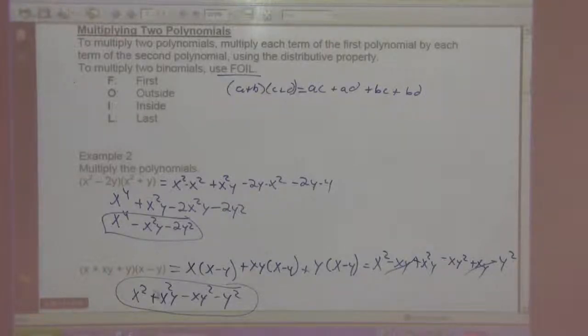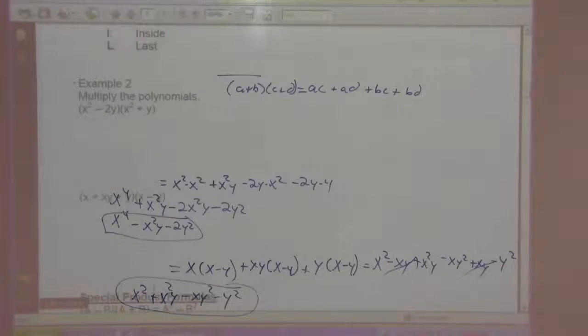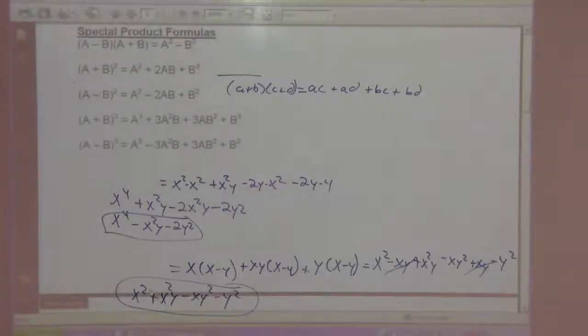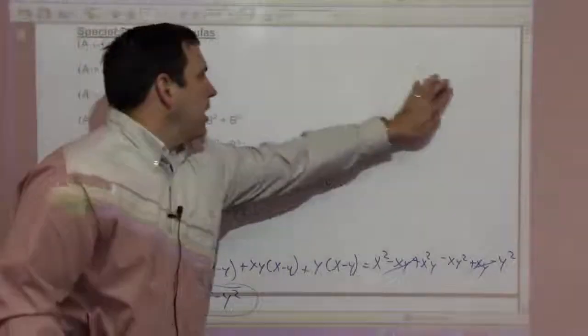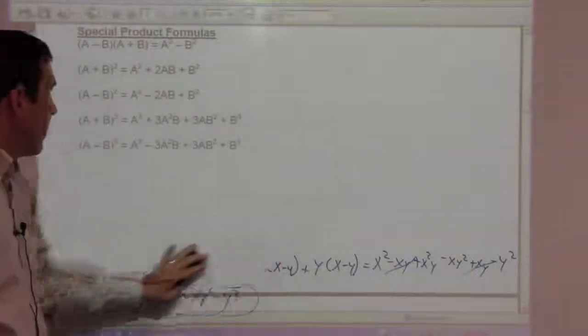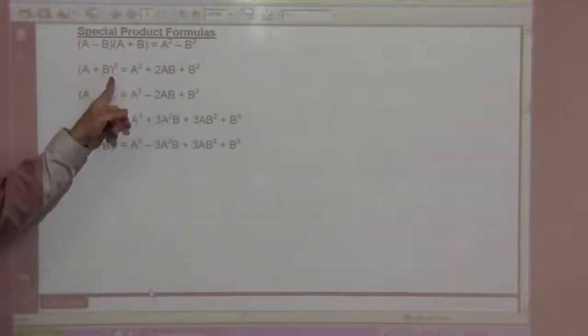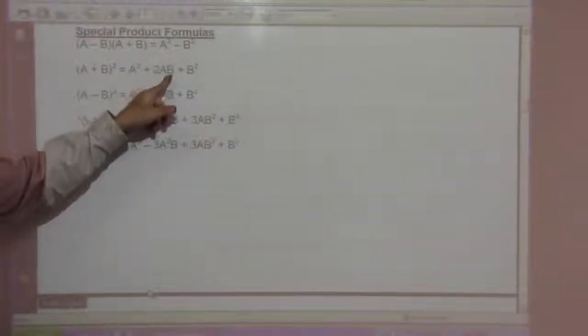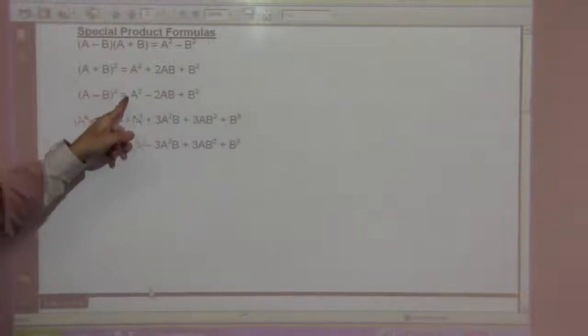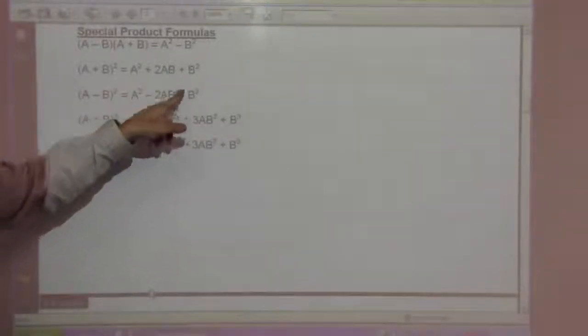I'm going to move on here. So special product formulas: (a minus b)(a plus b) is a squared minus b squared. We talked about that in the last section. (a plus b) squared is a squared plus 2ab plus b squared. (a minus b) squared is a squared minus 2ab plus b squared.